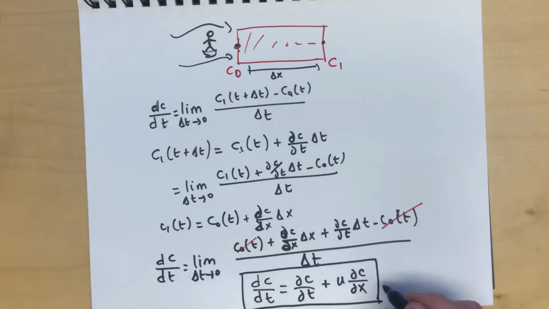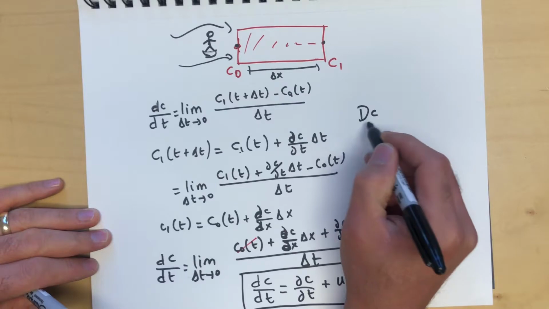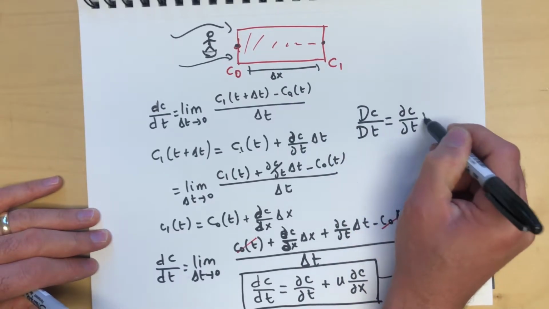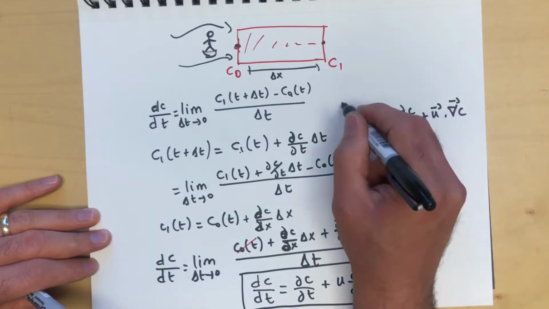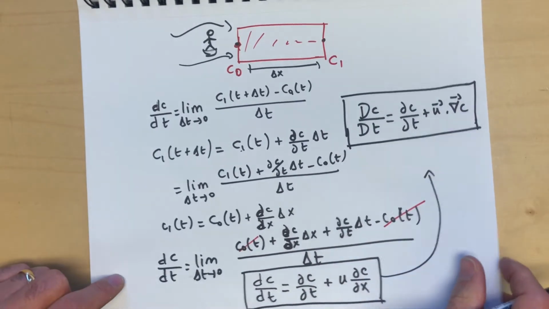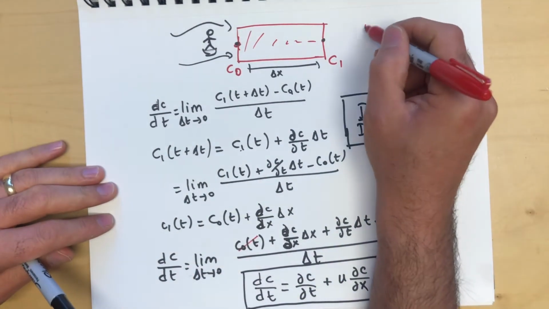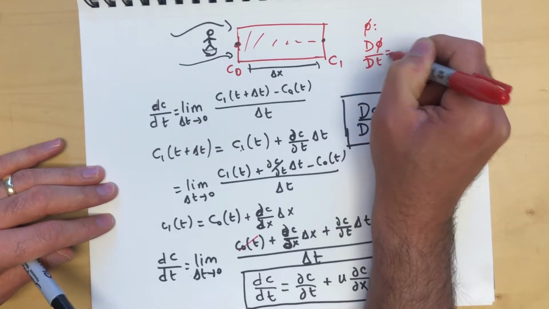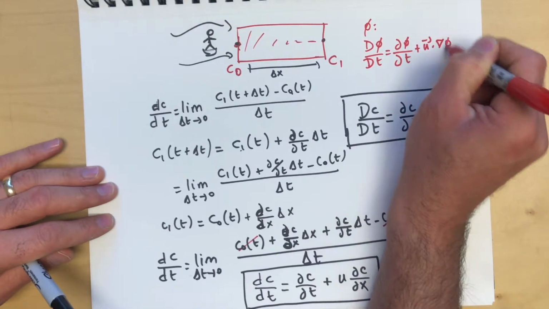Now in 3D, you're going to see the symbol capital C also written. Dc by dt is partial c by partial t plus u dot grad c. And in general, the material derivative of a given property phi is d phi by dt, partial phi partial t plus u dot grad phi.